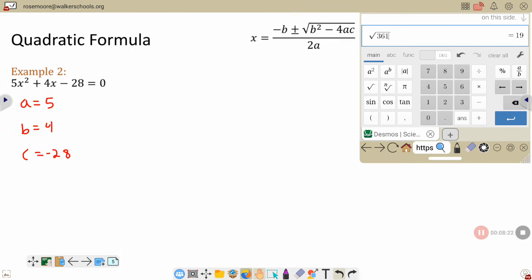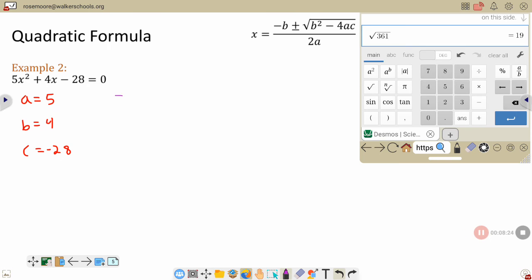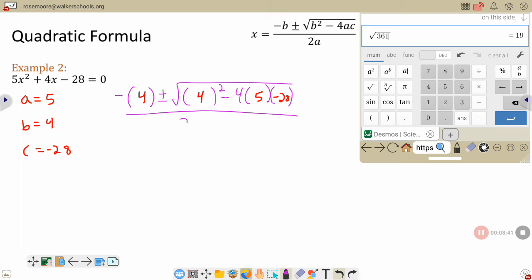We're going to do the opposite of B. So it's the opposite of 4, plus or minus the square root of B squared minus 4AC all over 2A. Right? So is that different from yesterday? No. Rewrite it, negative 4 plus or minus the square root.